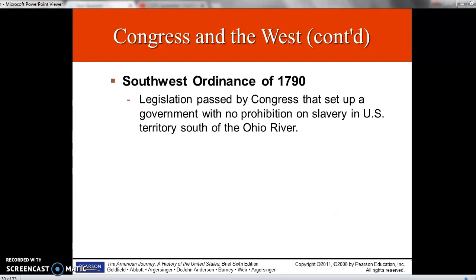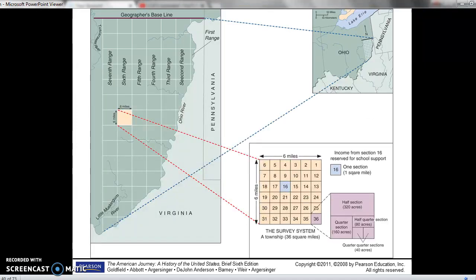This sets up this grid system right here, which is 6 miles by 6 miles. Each individual square is 1 square mile, or 640 acres. When you used to have to buy land, you had to buy 640 acres at a time. And so it was really expensive, even at $1 an acre, $640 is a lot of money.